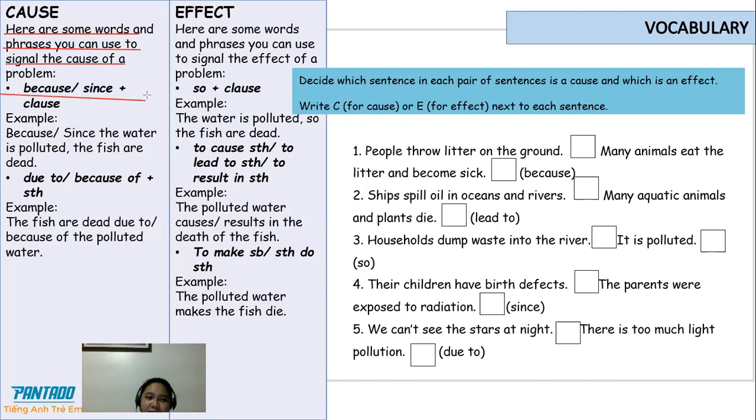So we have because or since plus the cause. Can you please read the example?